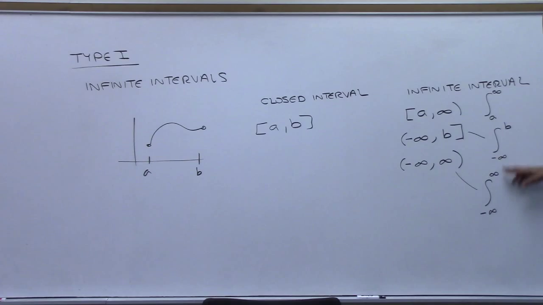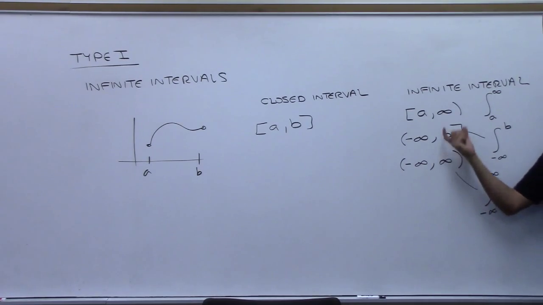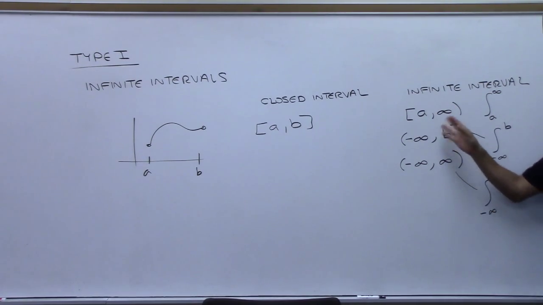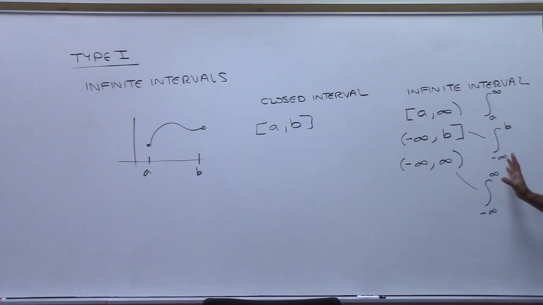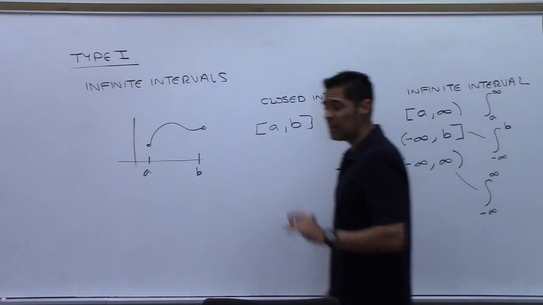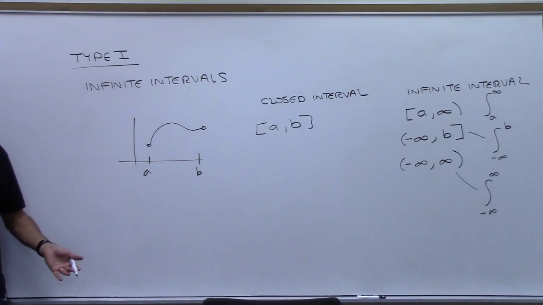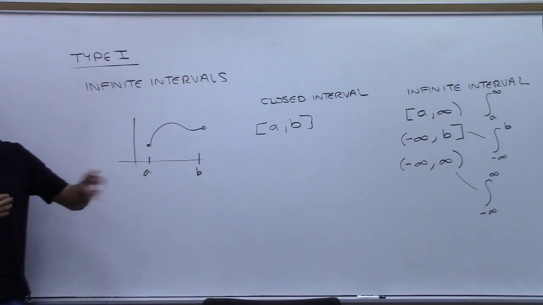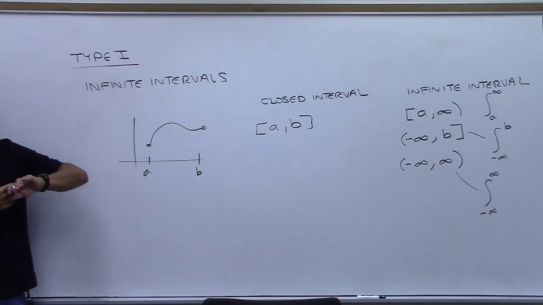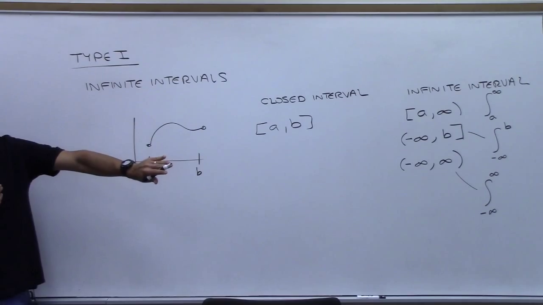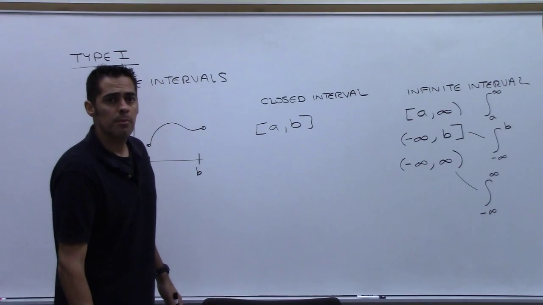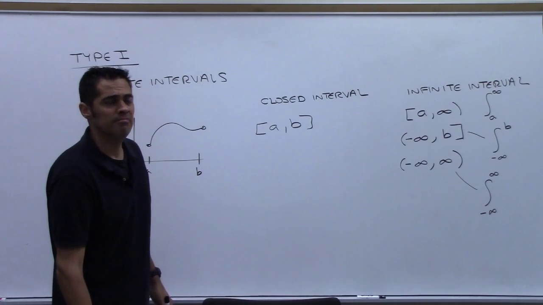So our limits of integration will change to one of these three formats in the event that we want to evaluate the integral on this infinite interval. That makes sense? Just note, this is just notation. The big question is, how do we actually compute these? Like, how do you find the area underneath the curve that never ends, right? That just keeps going.